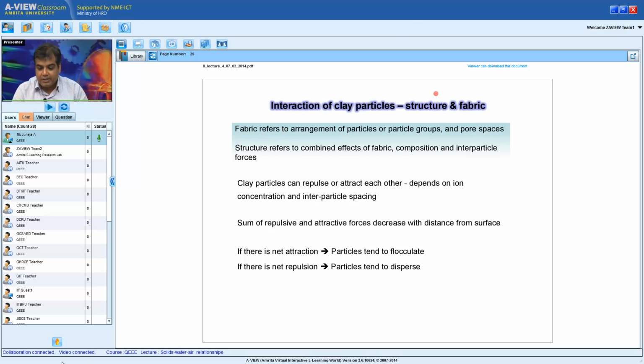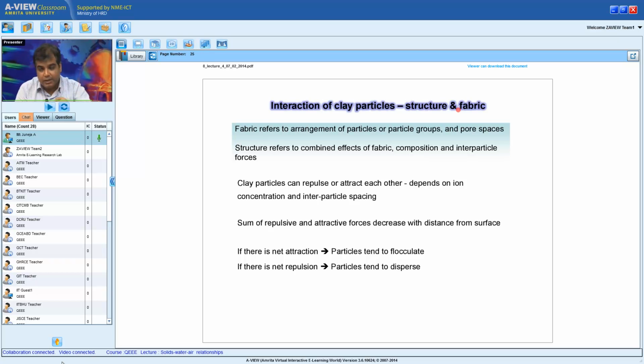So previously we used to call everything, interparticle forces and the arrangement, as structure. This is true. Structure means arrangement and the forces. But if someone just wants to speak about arrangement, because there is a class of engineer who would like to just speak about the arrangement, because this arrangement heavily controls the mechanical behavior of the soil.